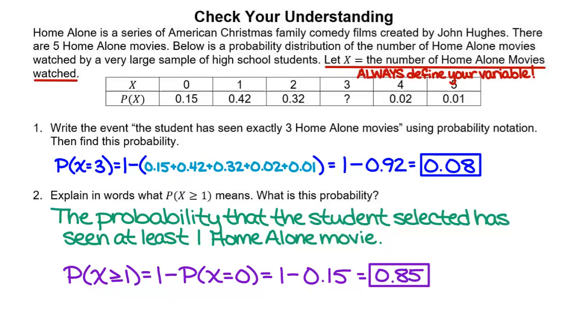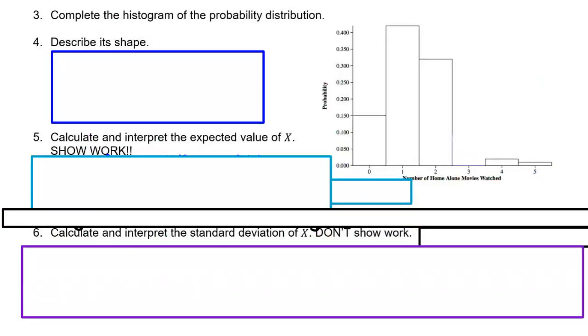We're going to describe the distribution, and you guys are going to do 5 and 6 as homework tonight. So that should look like this.